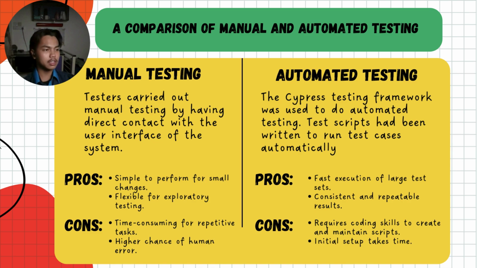For automated testing, it has very fast execution of large test sets and very consistent and repeatable results. But the cons are that it requires coding skills to create and maintain scripts, and the initial setup might take a longer time than manual testing.